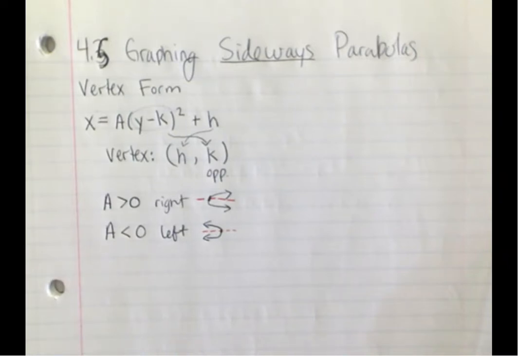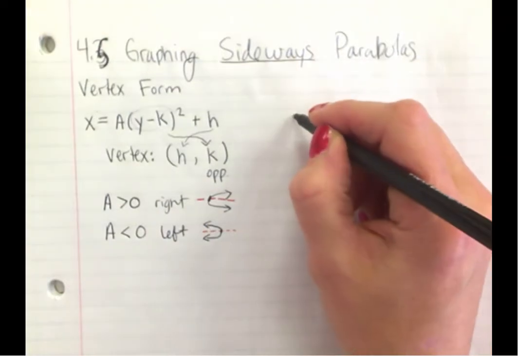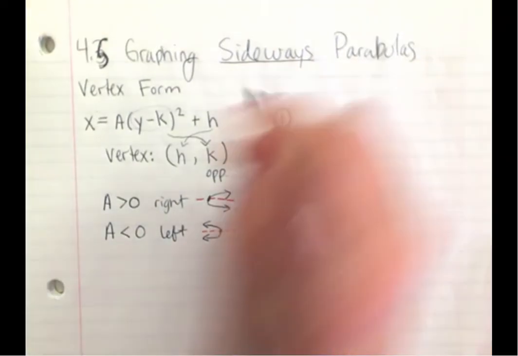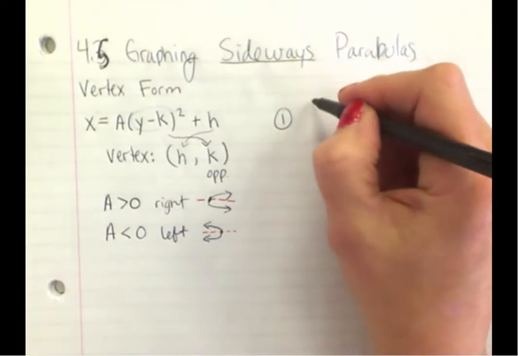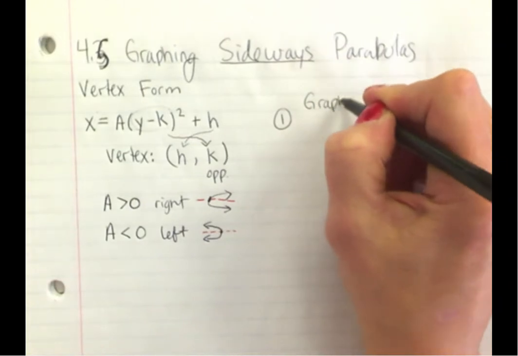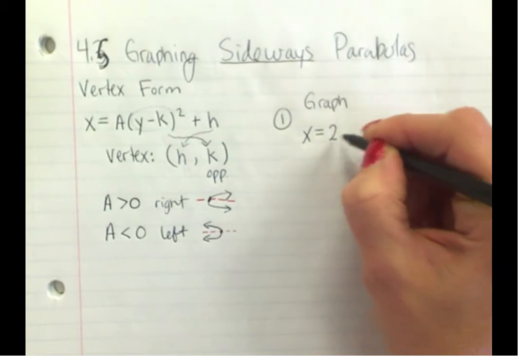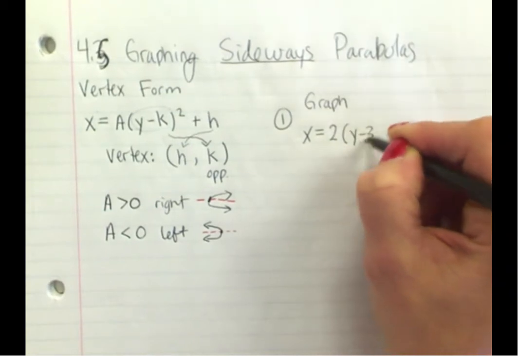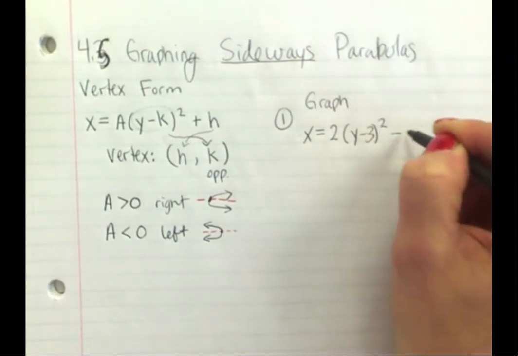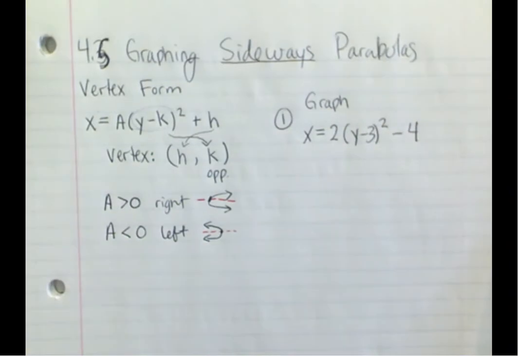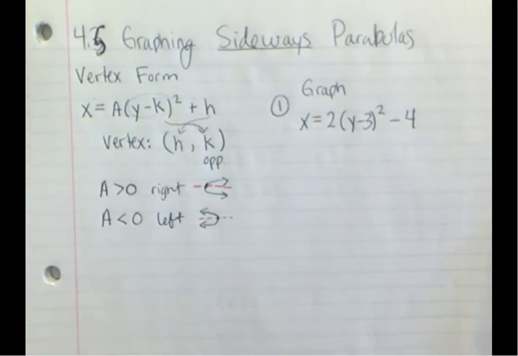Okay? Example. Graph. We're just going to do it right next to it. X equals 2. Write down your characteristics so that you can put them in the right place.